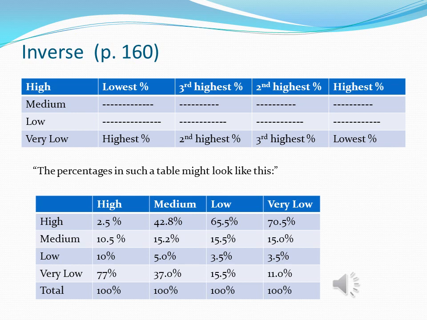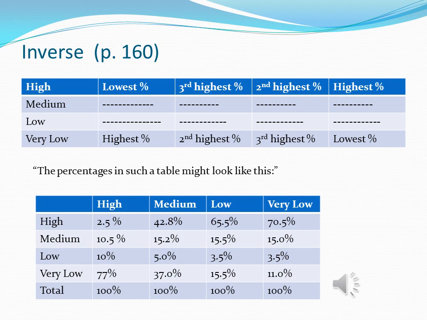Notice when you look going down the far left column, from high, medium, low, very low, and before the total column, the very low one on the high column is 77%, where the high column and the high row is 2.5. Now if you look over to the far right column, which is very low, for the high it's 70.5, where for the very low row it's 11.0.